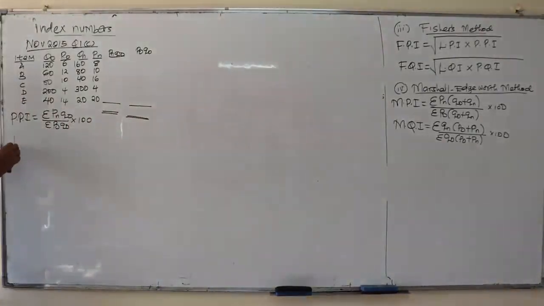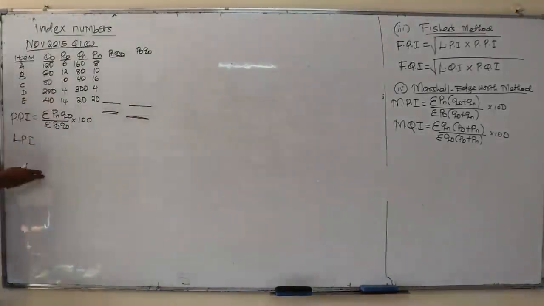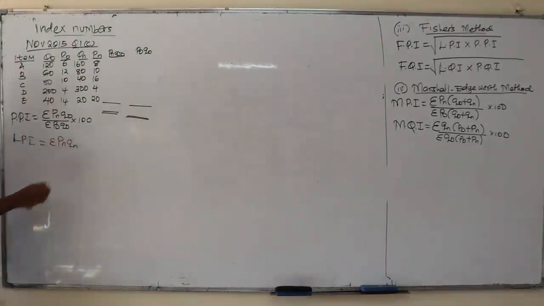Then they also want us to get the Laspeyres price index. First you should know the formula, and then you may be able to compute it. In this case it will be the summation of, for the Laspeyres, we said PnQn, divided by the summation of what?